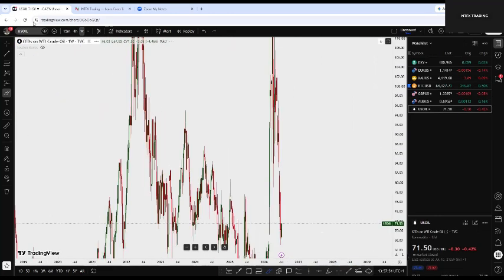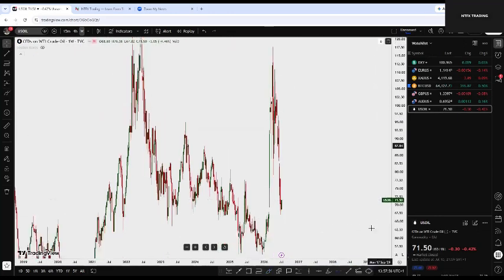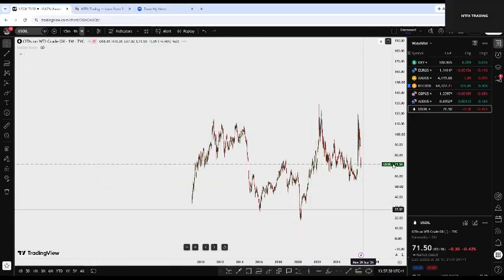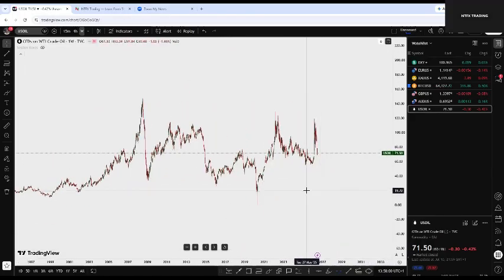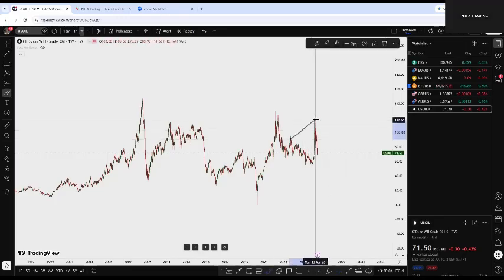Then for US oil, guys, if this structure I am seeing here is anything to go by, I want to see this as a possible expanding flat. So that when you have impulse here, you have to have impulse here.